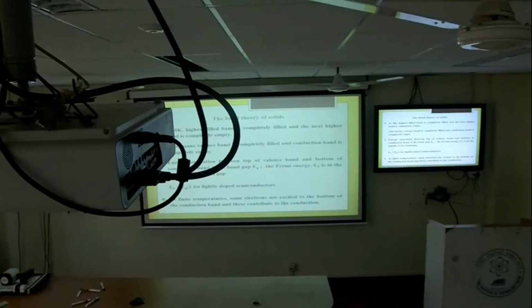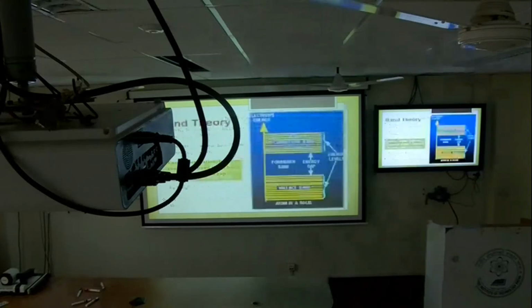Because there is no existence of a carrier across it. So we can say Fermi energy. What is the Fermi level? The Fermi level commonly indicates the highest probability of finding carriers. So EF is in the middle of the band gap. At finite temperatures, the electrons are excited to the bottom of the upper band, meaning the conduction band. So this is the only possibility which can contribute to conduction.